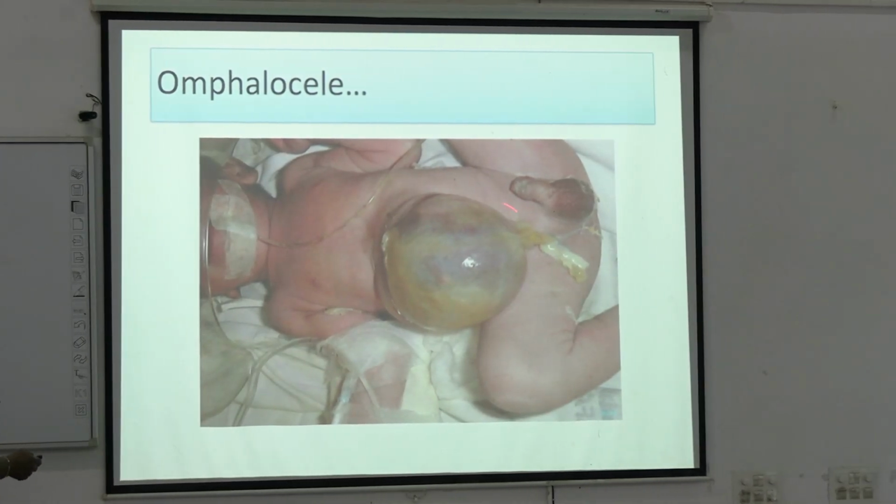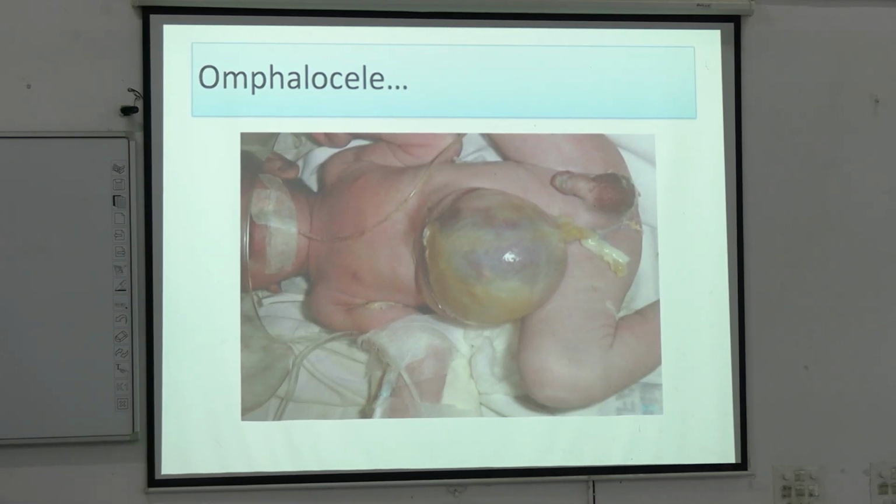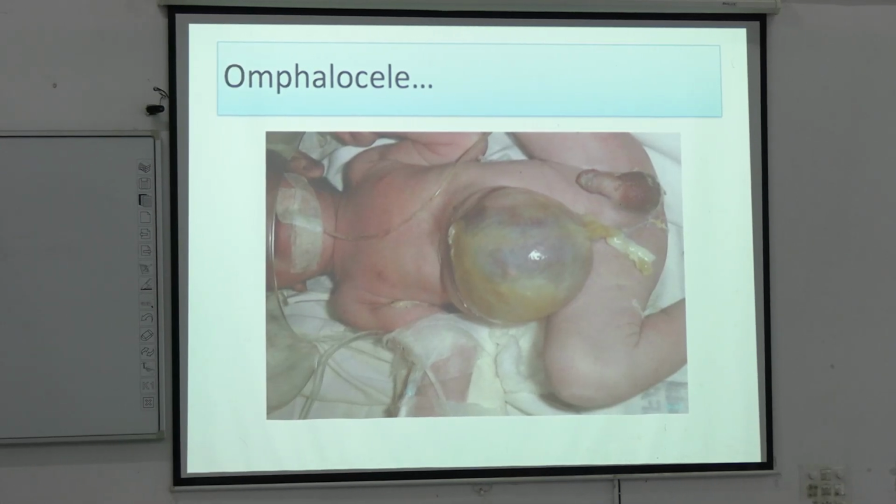Now you see the omphalocele. Immediately in the labor room, if a baby is born like this, it used to be born like this. This is the omphalocele, or some twins, thoracopagus, craniopagus, all these twins. But now, due to your NT scan and your anomaly scan, between 19 to 22 weeks, you have to do an anomaly scan.